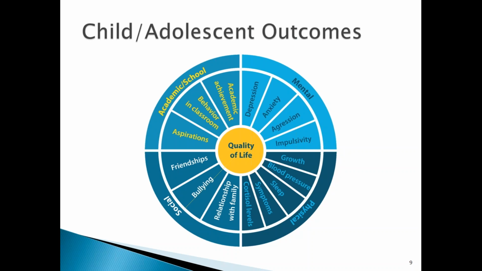Okay, so then I wanted to move on and talk about child-adolescent outcomes, and this is where a bulk of the measures are in the data set. I've split this up in this little wheel diagram into different areas.